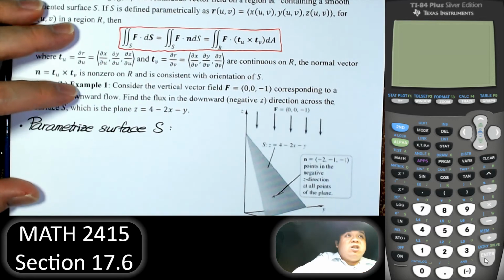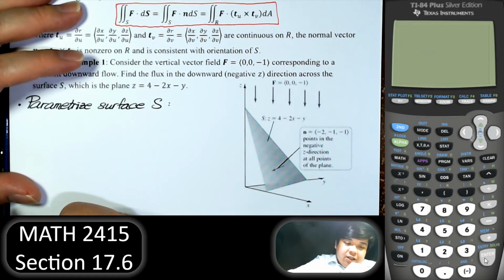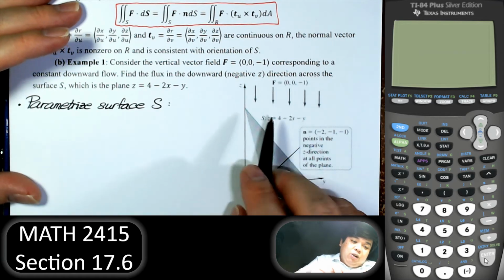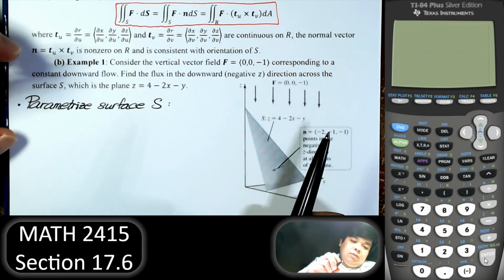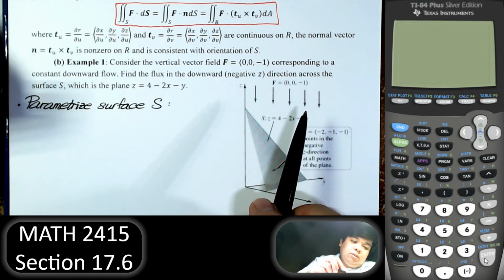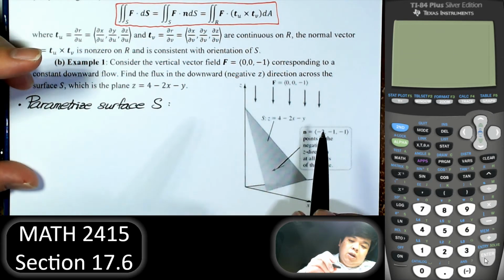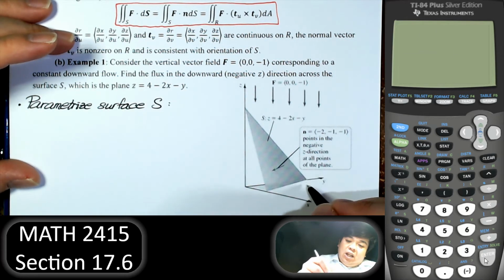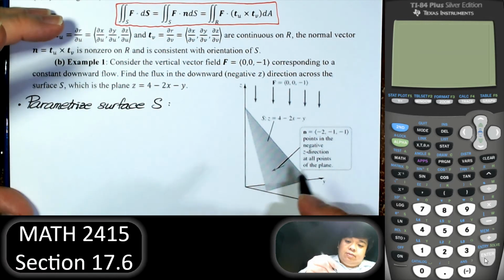So parameterize the surface S. The surface S is bounded by this one, which is the plane, but this plane is only on the first quadrant, the first octant.